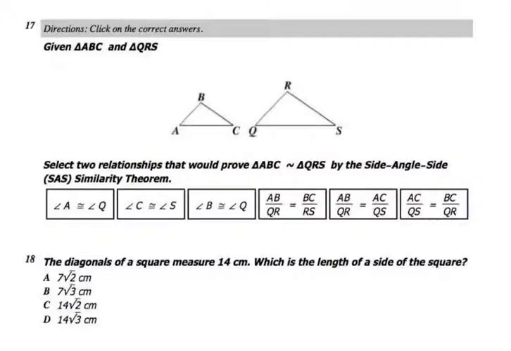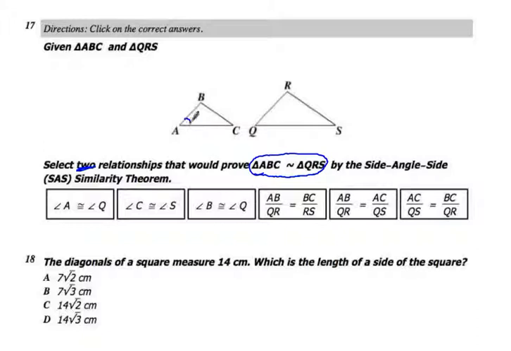All right. Number 17. All right. Click on the correct answers. Okay, this question is pretty tricky unless you read the whole thing. Okay, so in this similarity statement right here, it says, given the two triangles, select two relationships, just two, that would prove triangle ABC similar to QRS.